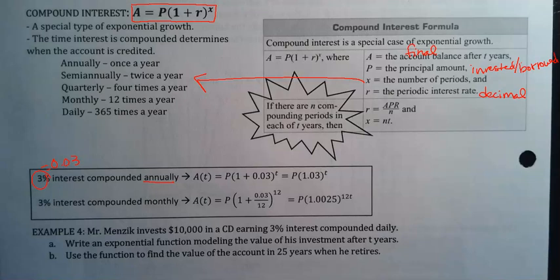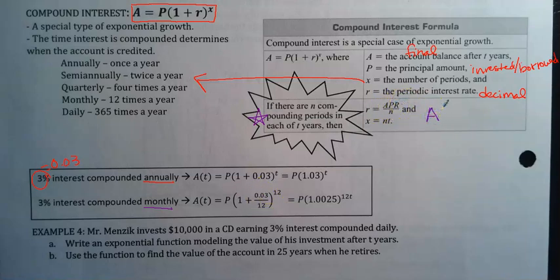Now, if we look at 3% interest compounded monthly, it starts off similar. We have A of t, it's going to equal P times the quantity 1 plus. This is where the change is happening that we're talking about here. Our R is going to be the interest rate, the annual percentage rate.